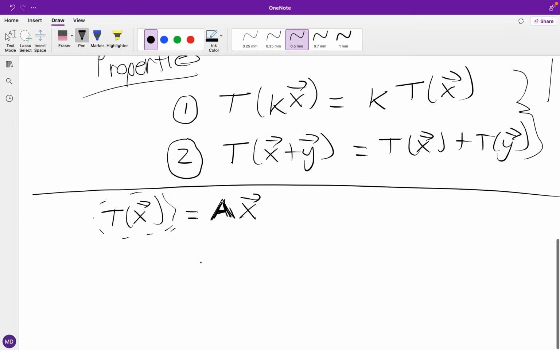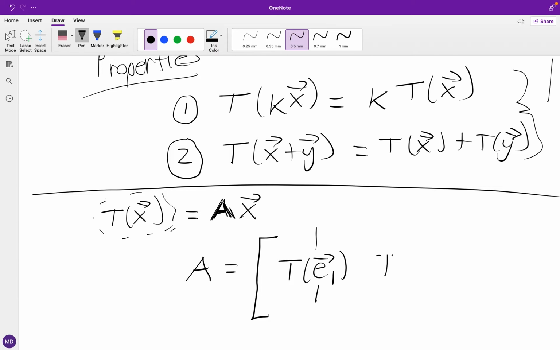The general form for A is that it's a matrix whose columns are the transformed vectors e1, which remember is our transformed x-axis pretty much, our transformed vector e2, etc., all the way to a transformed vector en, depending on the dimensions of our transformation.